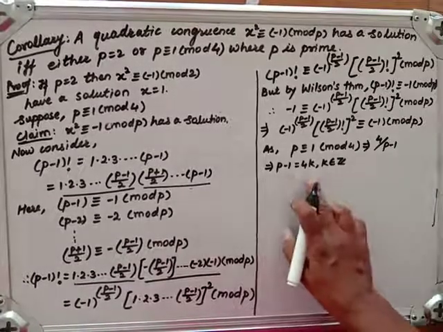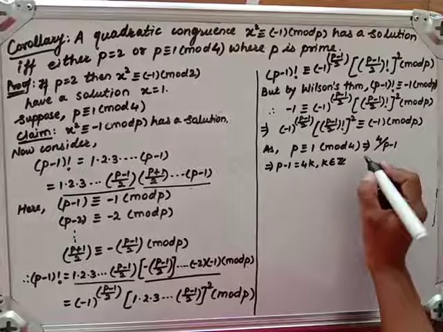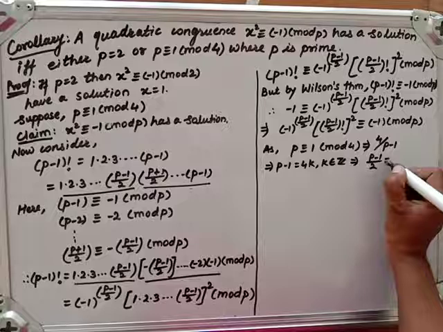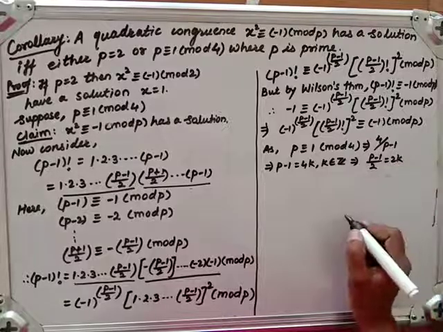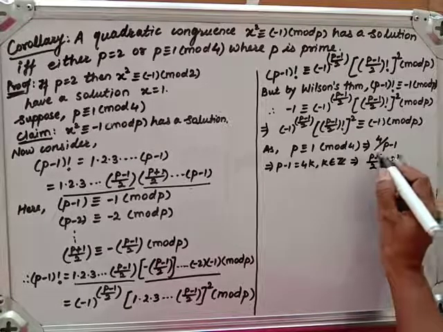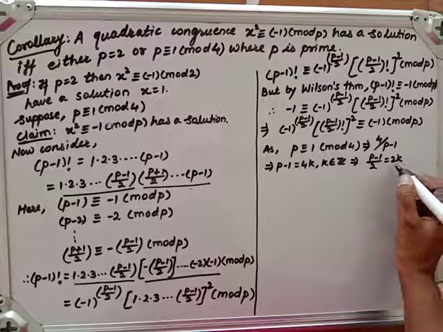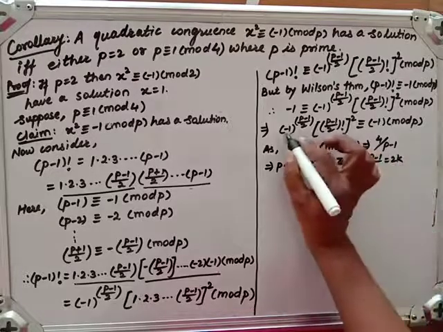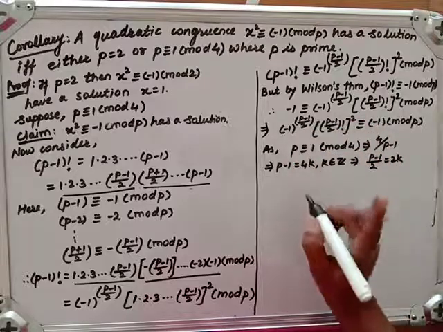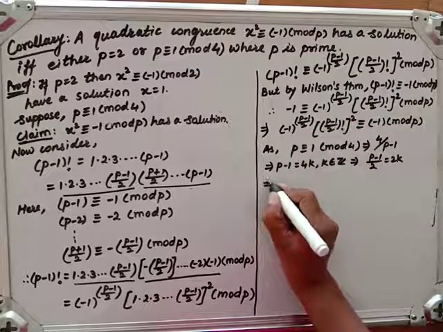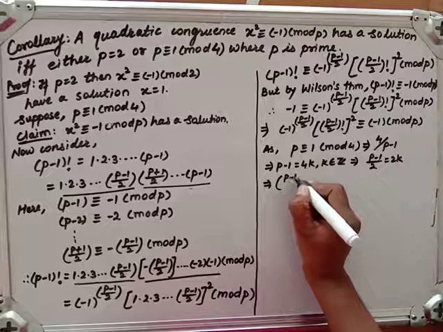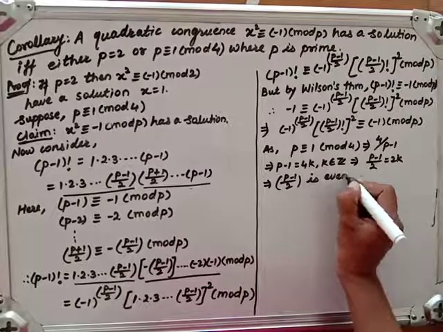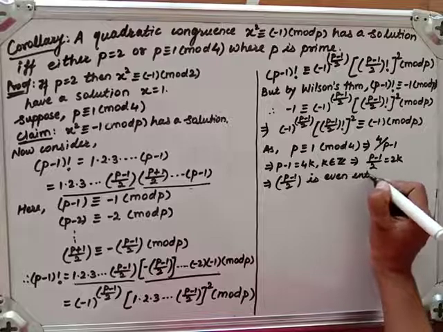Now p minus 1 is equal to 4k, so this is the same as to say (p minus 1) by 2 is equal to 2k. So (p minus 1) by 2 is a multiple of 2, so this is an even number. If it is an even number, this part will become 1. So (p minus 1) by 2 is an even integer.